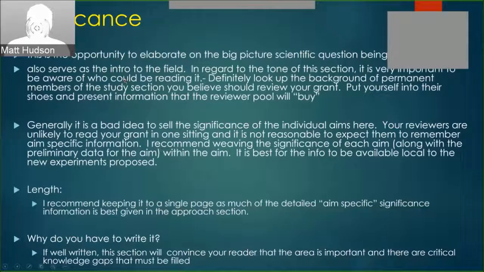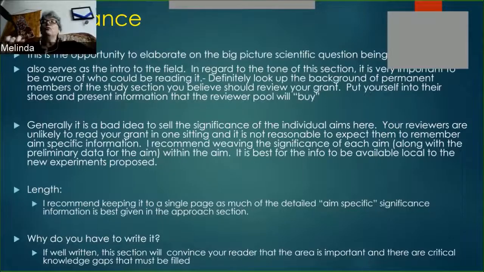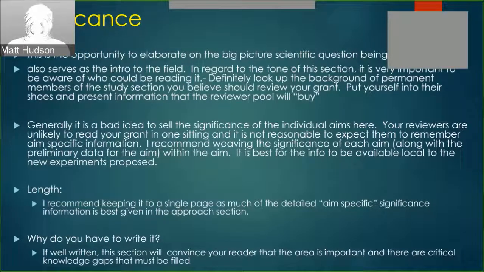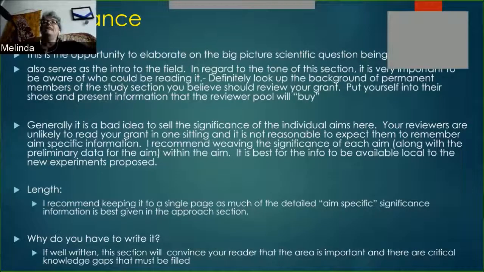I had mentioned trying to figure out what study section might see your grant. This is a place where it can be extremely helpful to look up the background of the permanent study section members. You want to be able to write the significance, put yourself into their shoes, and present information that reviewer pool will buy.